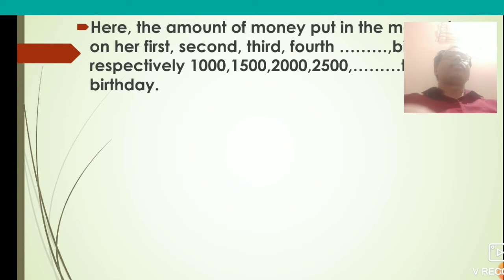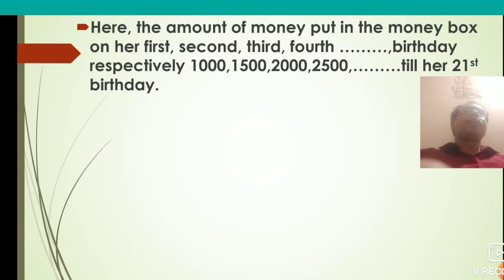Here, the amounts of money put in the money box on her first, second, third, fourth birthday and so on are respectively 1,000, 1,500, 2,000, 2,500, up to her 21st birthday.